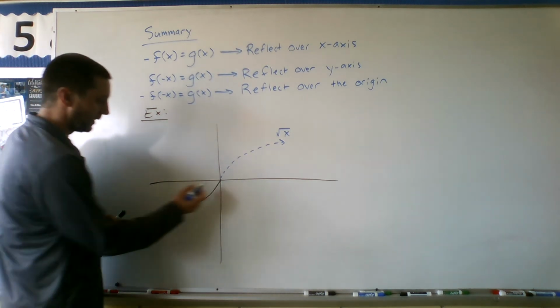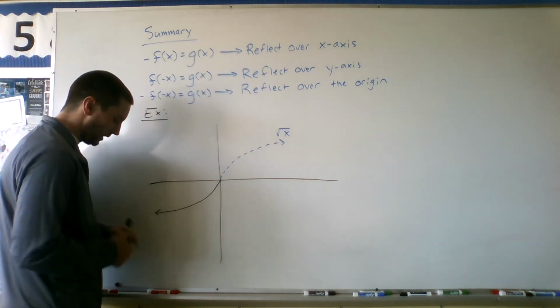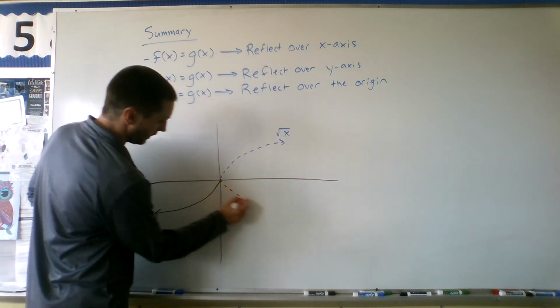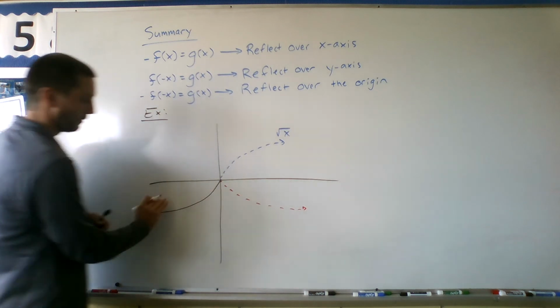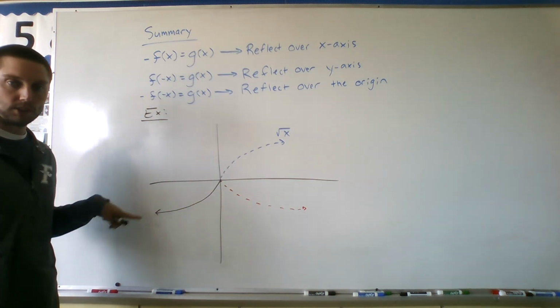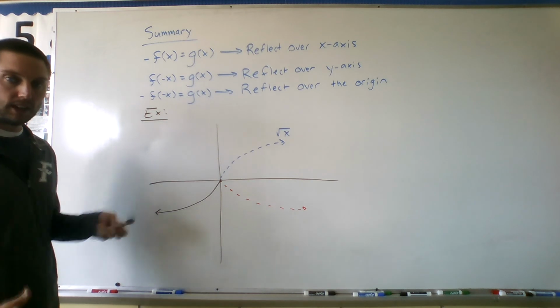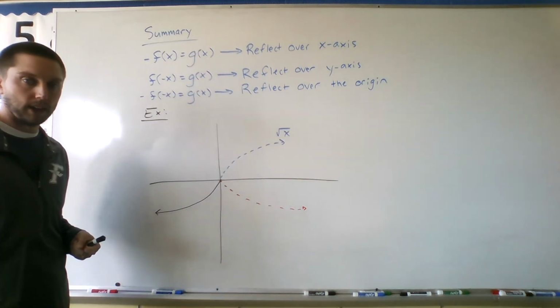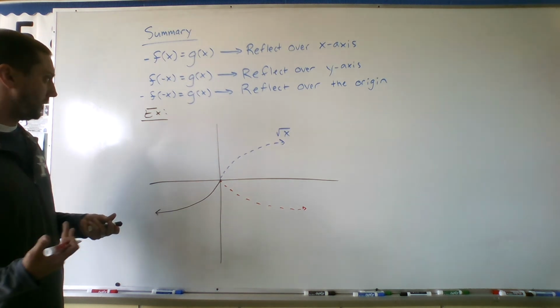Okay, and we can see that if I reflect it over the x-axis first, it would be down here in quadrant 4, and then if I reflect it over the y-axis, we would get to the final version. So this was a reflection over the x-axis and the y-axis, which means there's a reflection over the origin. Okay, so what would the equation be?